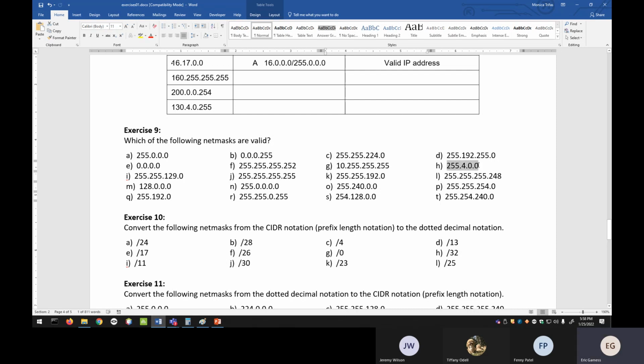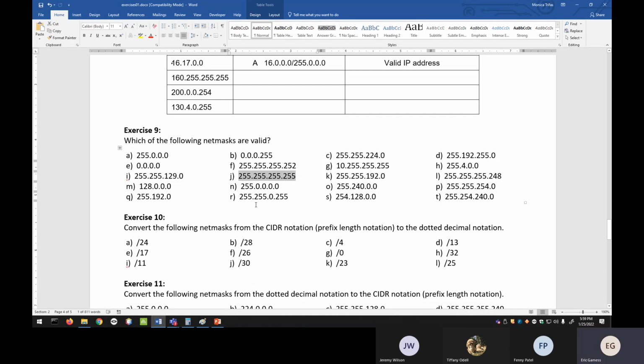Is this a valid net mask? No, because the 4 is 0, 0, 0, 0, 0, 1, 0, 0. So we have a series of 1, series of 0, a 1, and a series of 0. Okay, is this a valid net mask? Correct.